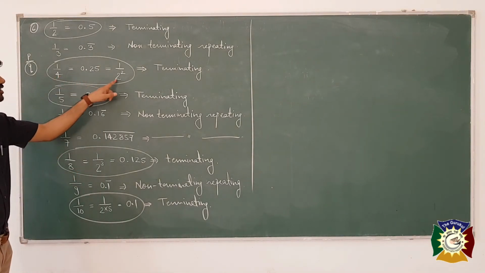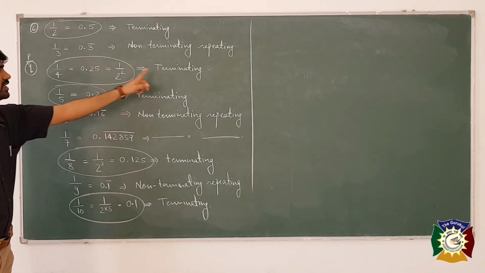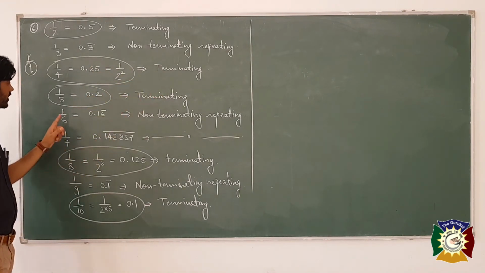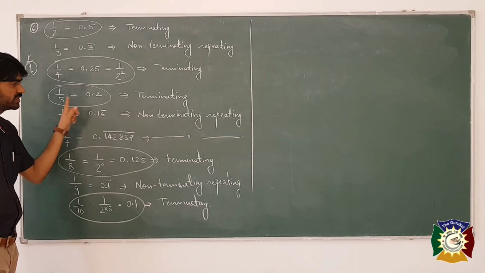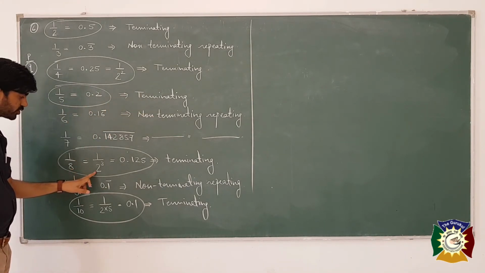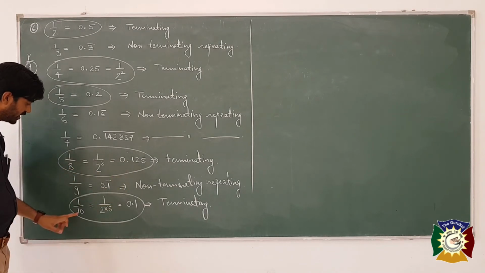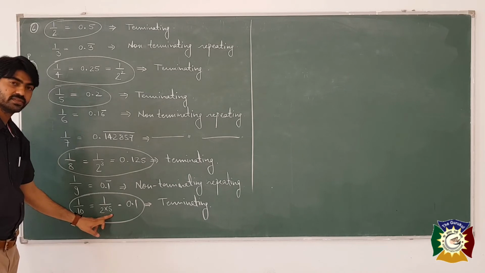Here the denominator is 2 to the power 2, it means 2 into 2. Then we are getting terminating. Here the denominator is 5, then we are getting terminating decimal expansion. Here the denominator is 2 into 2 into 2, then terminating. Here the denominator is 2 into 5, then terminating.